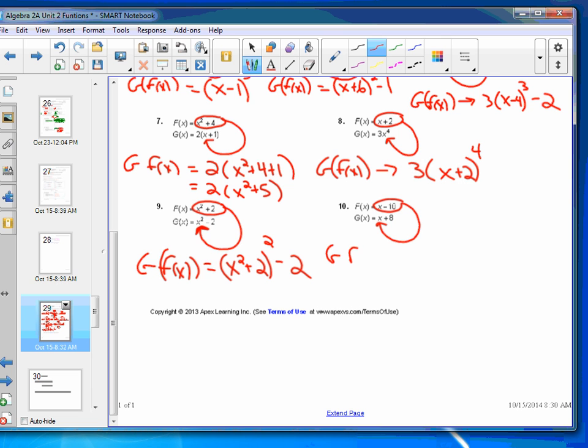So g of f of x here is equal to x minus 10 and then plus 8. Now for sure that would simplify to x minus 2.